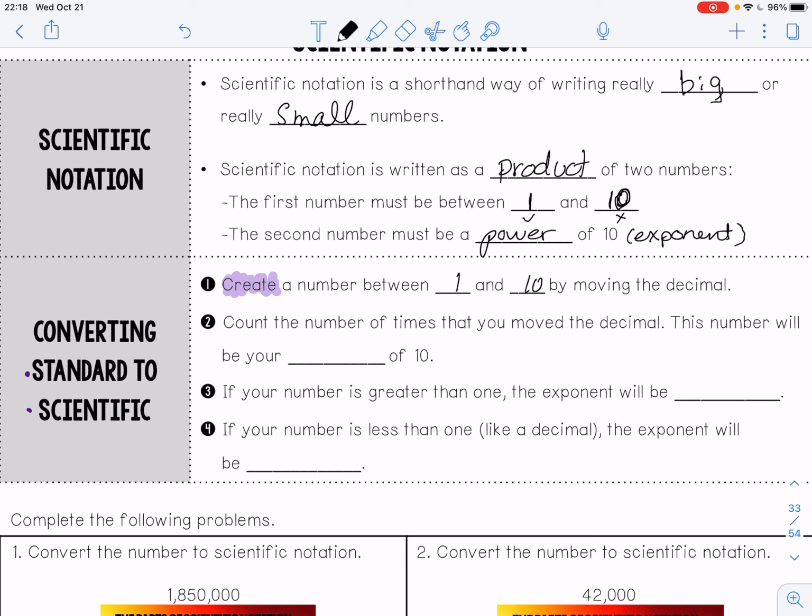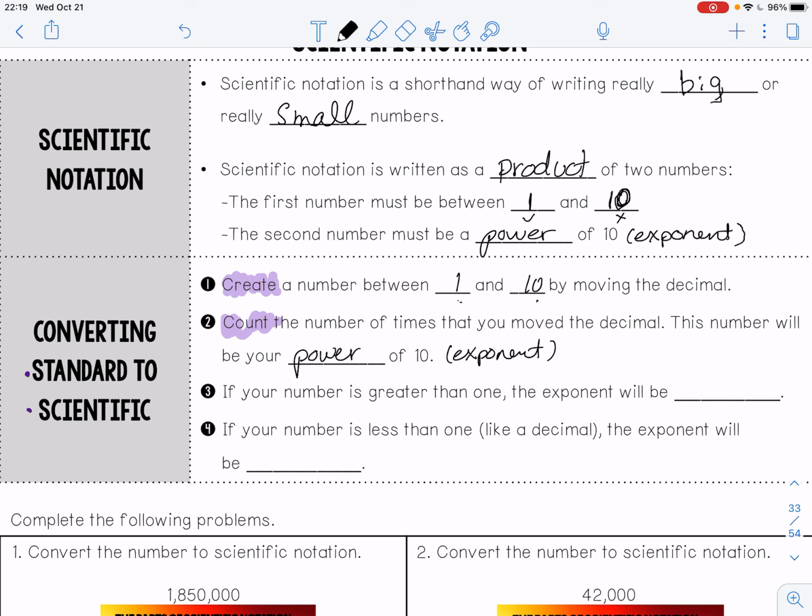And then the next verb, we're going to count the number of times that we move the decimal, and that will be our power of 10, or our exponent. So to get the number in front, we move the decimal to get a number between 1 and 10, and to get the exponent, we count how many times we move the decimal.